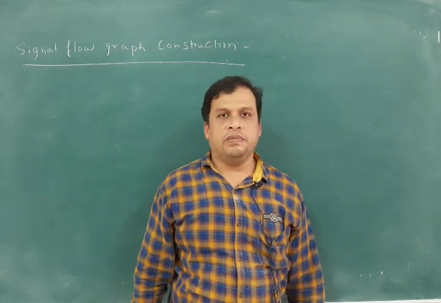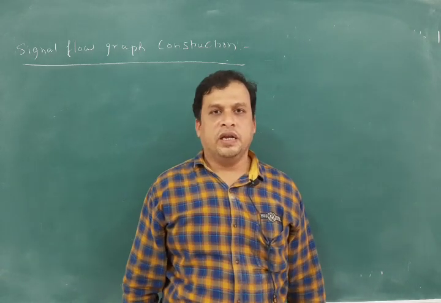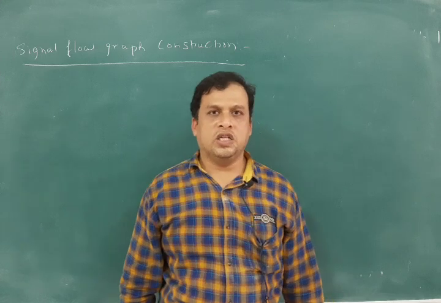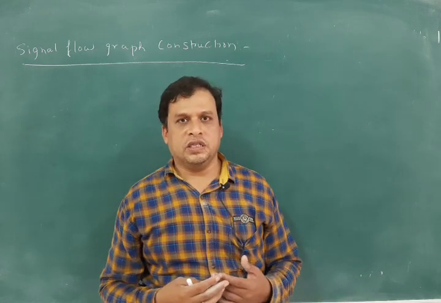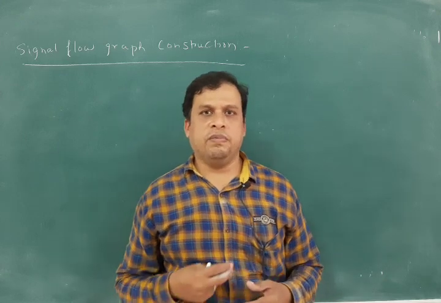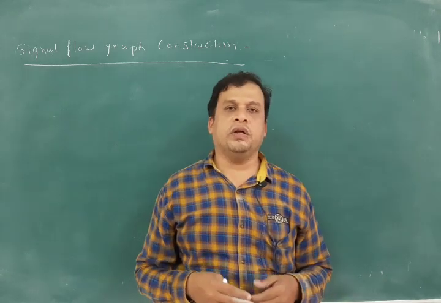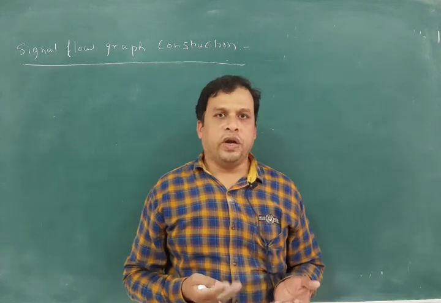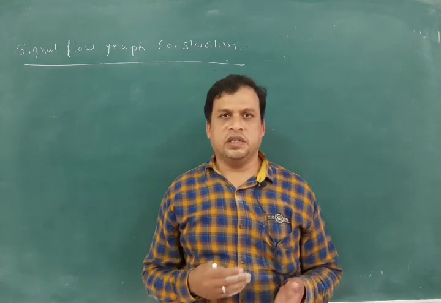First the describing equations are written, where we have the algebraic equations of various forms, like a simple equation or a complex equation, and from those equations we will be developing this particular signal flow graph.